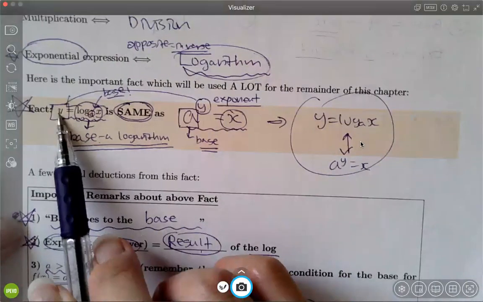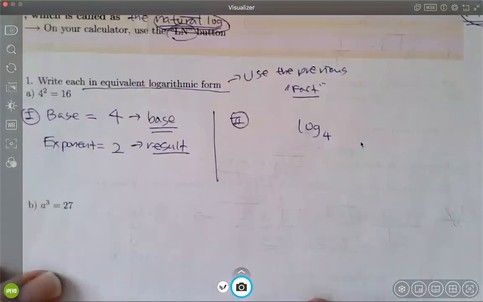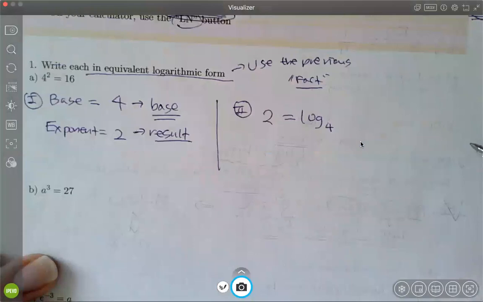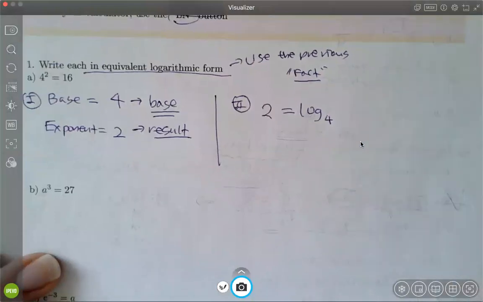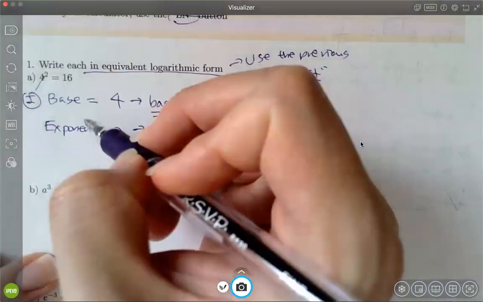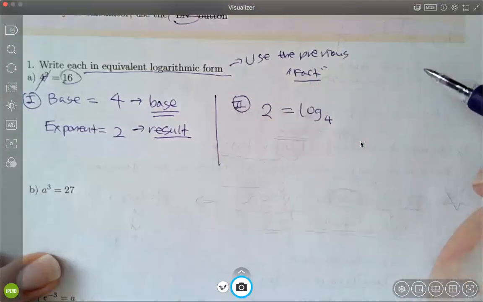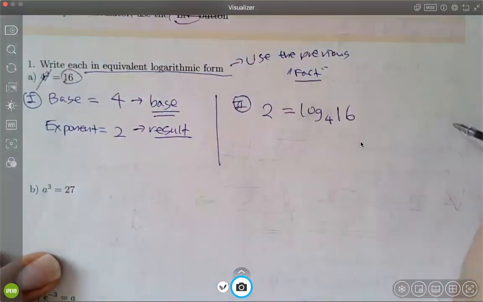So you have 2 equals, right? Now you took care of 4, you took care of 2. What's the remaining number? 16, right? Where should that go? The remaining blank is here, right? So that's it.